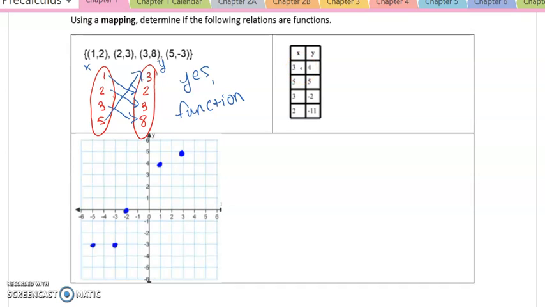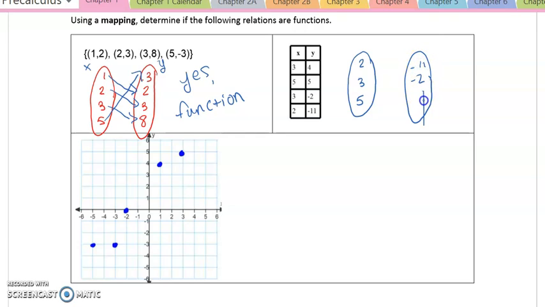Eventually, you can probably just look at the points, the x's and y's, and figure it out. But I'll set up a mapping again for this one. So we have 2, 3, and 5 for our inputs, and -11, -2, 4, and 5 for our outputs.